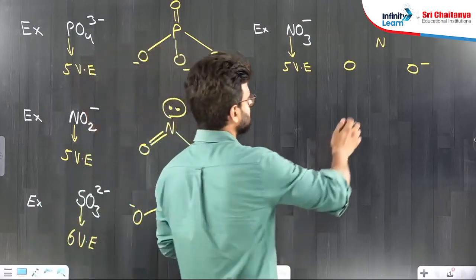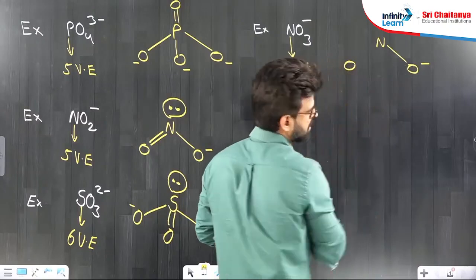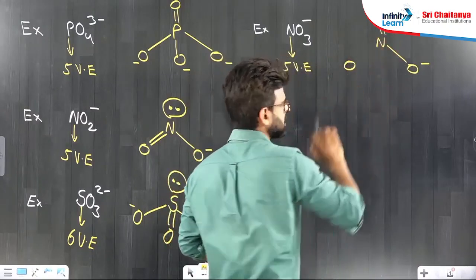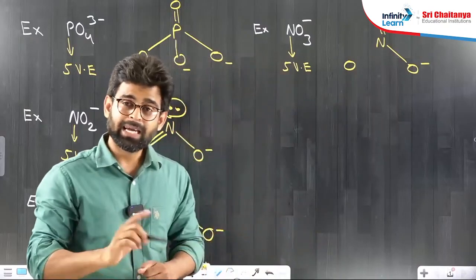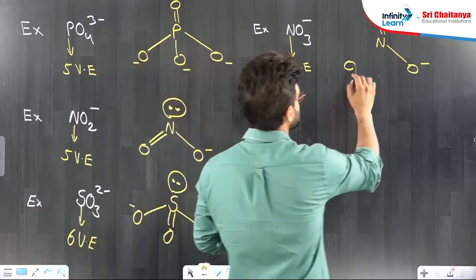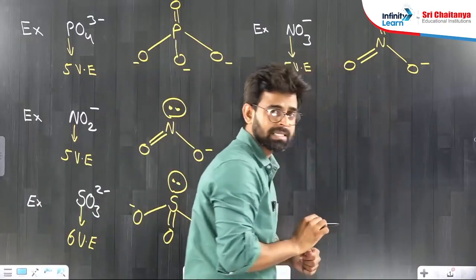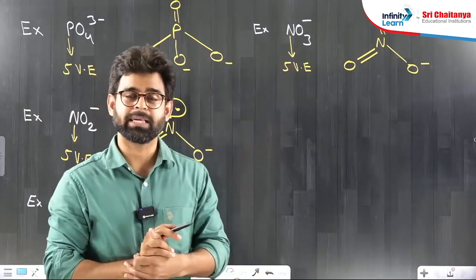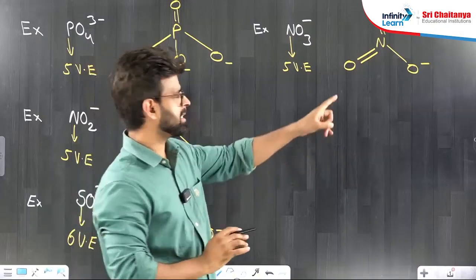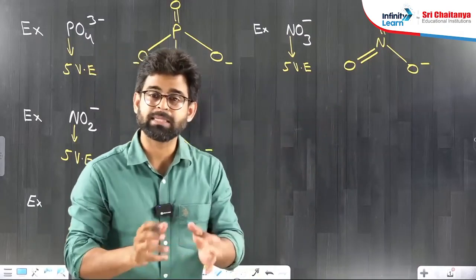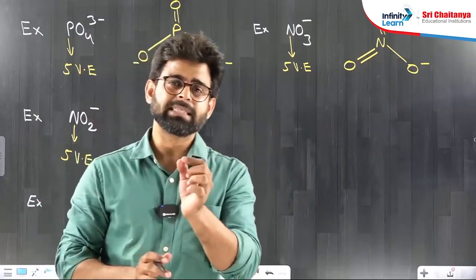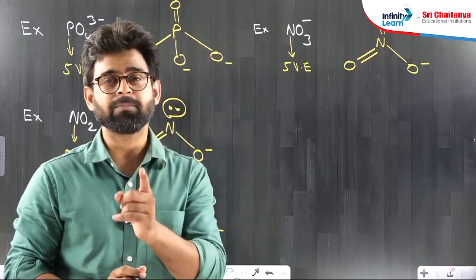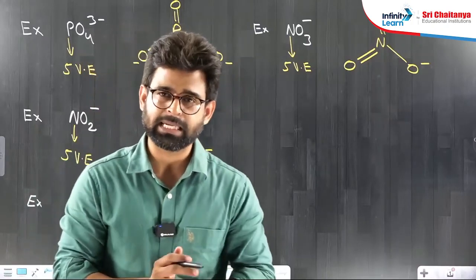Now I know the O negative will make single bond. That's very clear. Neutral oxygen will make what here? Double bond. Right? And neutral oxygen will make what here? Double bond. I want to ask you, is this structure written right or are we doing some mistake? Whenever your central element is making more than 4 bonds, you have to check point number 2 and point number 3.